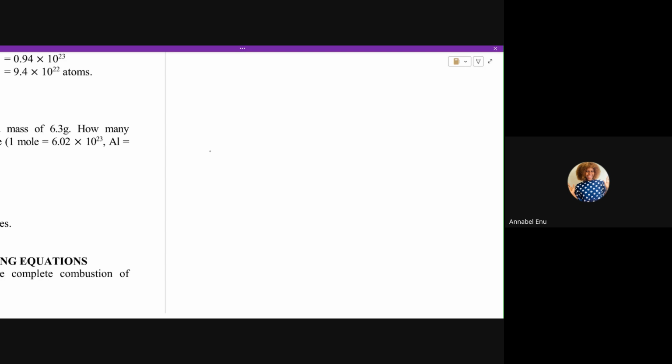Okay, mole ratio, for example, we have A plus B to give us C plus D again, right? So we can say 2 moles of A plus B to give us C and 3 moles of D. For example, now A, B, C, and D can be anything. It could be water, it could be acid, it could be base, it could be a salt, it could be an ion, anything.